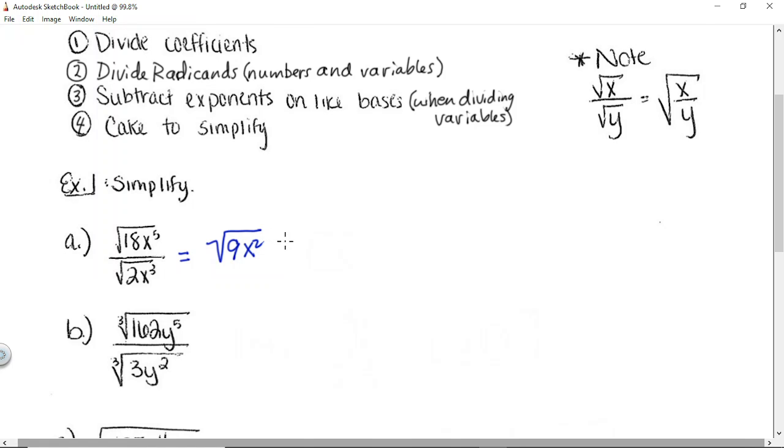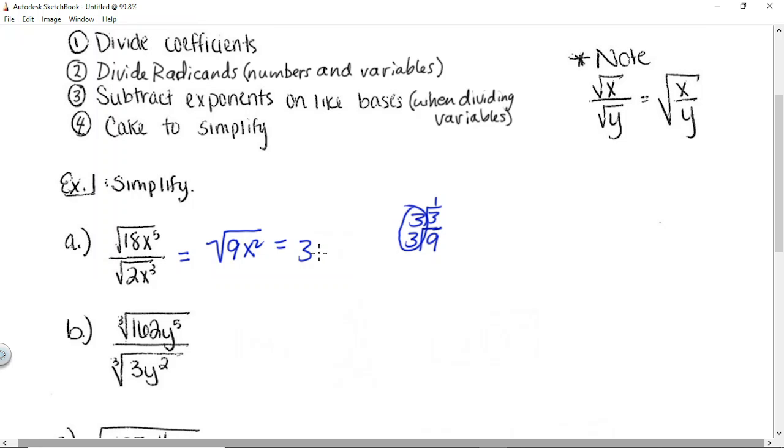So now we have to cake this. For 9, of course, we have a pair of 3s, one group of 3s. So it's a 3 that comes out. What about the x?